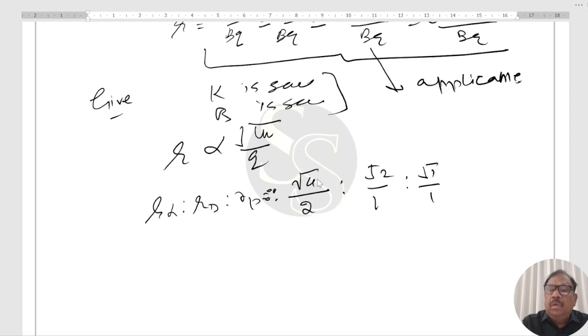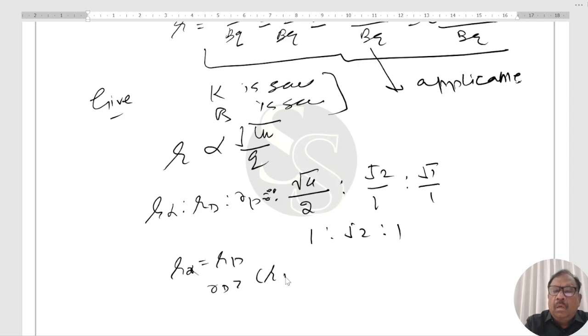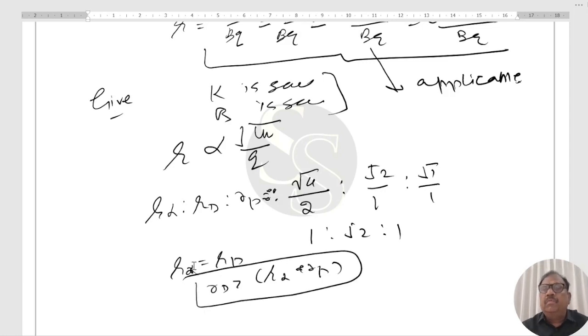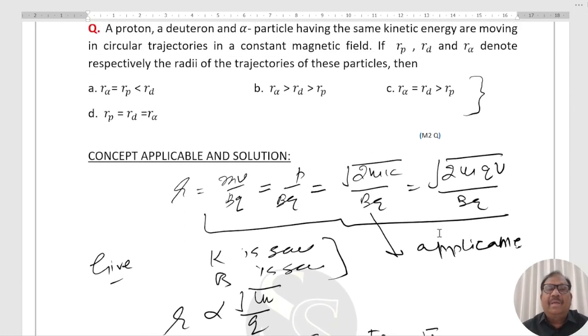That comes to 1 is to root 2 is to 1. Means R alpha equals R proton, and R deuteron is greater than R alpha and R proton. Pick up the answer which is correct.